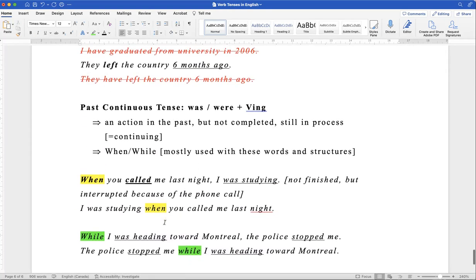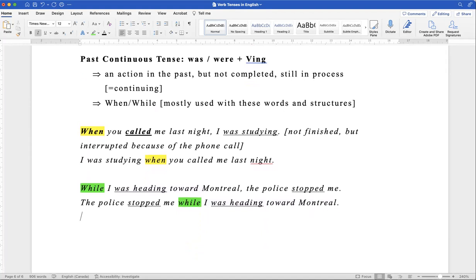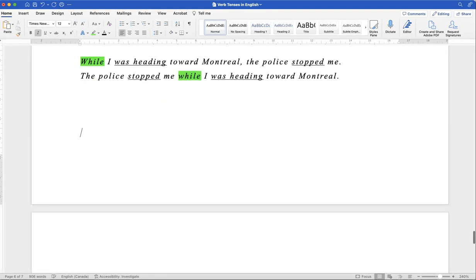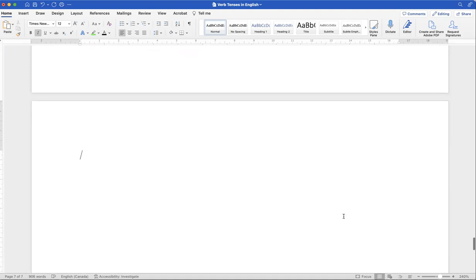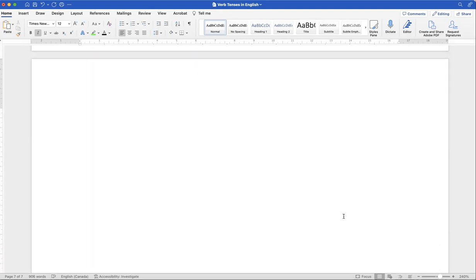That's all about past continuous tense. In the IELTS writing, we usually don't use this tense quite often. You can use it if you really need to use it. So please be careful while using this verb tense. It's not that commonly used actually in letters or essays, but it can be used, of course.